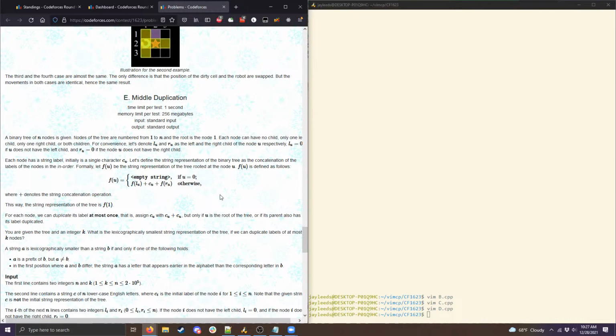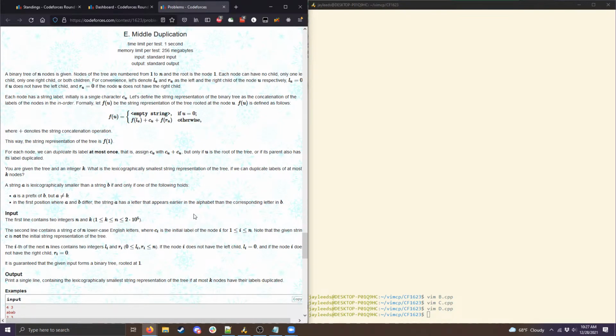So here we have a binary tree of n nodes. Each node is labeled with a letter, and we're going to perform an in-order traversal of the tree. And we want to make the in-order traversal create the lexicographically minimal string possible. To make that happen, we can duplicate each node's label at most once.